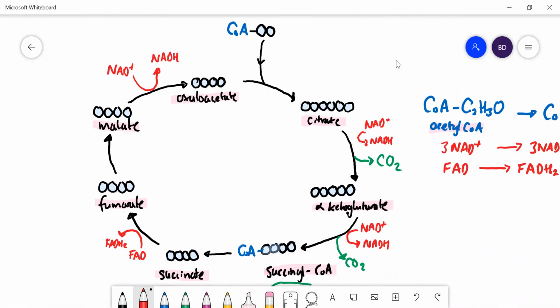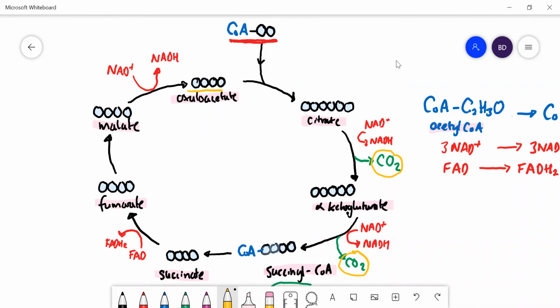Before we look at it in detail, what we can see is we've got a 2-carbon unit going in there, and it goes round, and by the time it gets here, you've only got 4 left in it, so you've lost 2 carbons, and they've come off here. Look, 1 carbon dioxide here, and the other carbon dioxide here. So now all of the carbons in the glucose have, by that time, been converted into carbon dioxide.